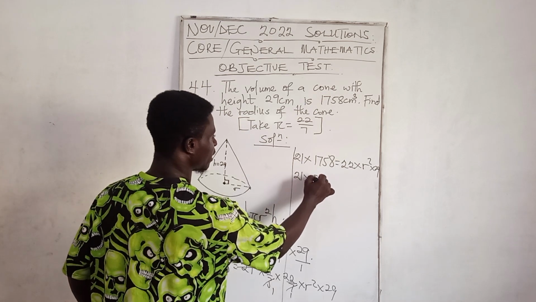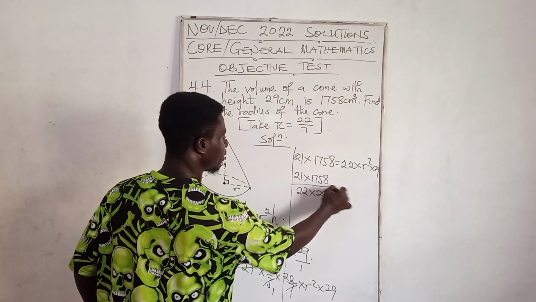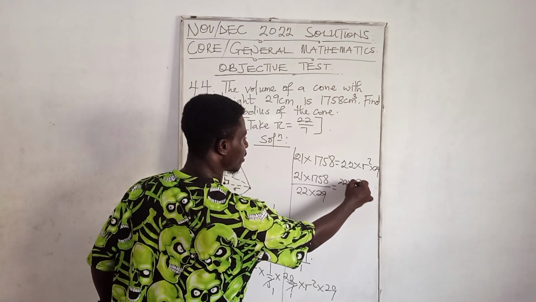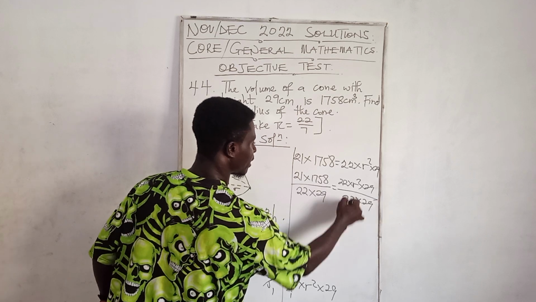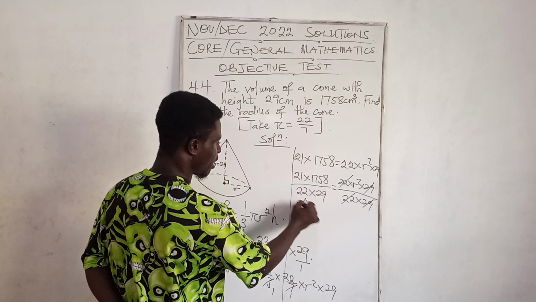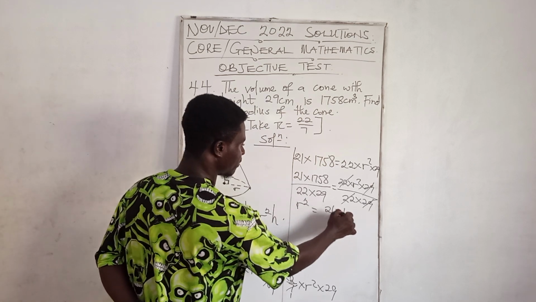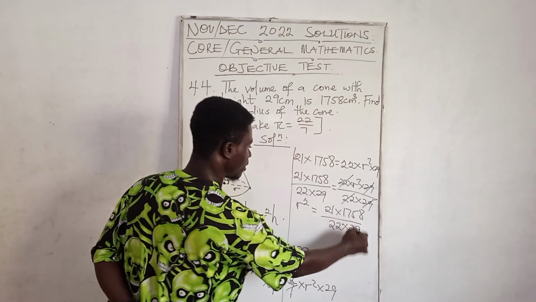Then here also like that, so that these guys, they go away. Now we are left with what? r squared equals 21 times 1758 divided by 22 times 29.